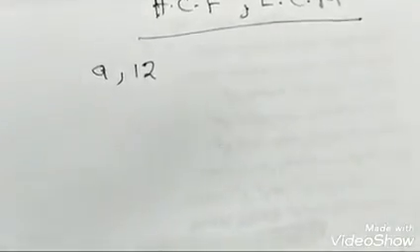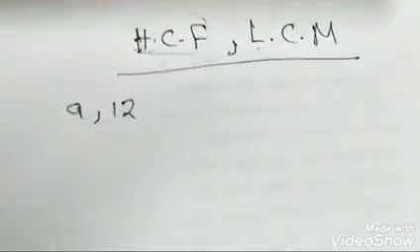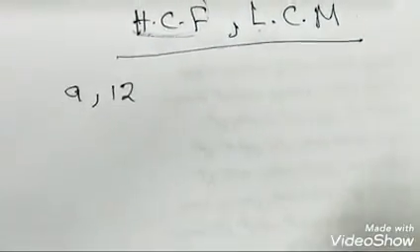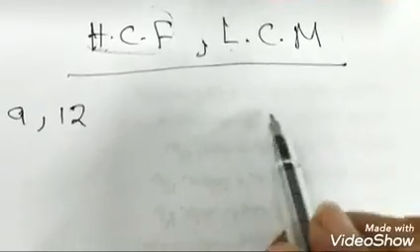If I have the two numbers 9 and 12, and I want to find the highest common factor, or the HCF, and the LCM, which is the lowest common multiple, I have to analyze them by their prime factors. How to analyze them? I will come here.